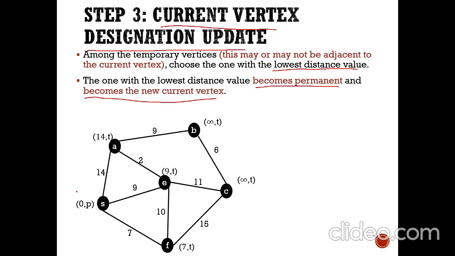So in our previous step, this one is the current vertex. A, E, and F were updated. Now it's time to choose the new current vertex.